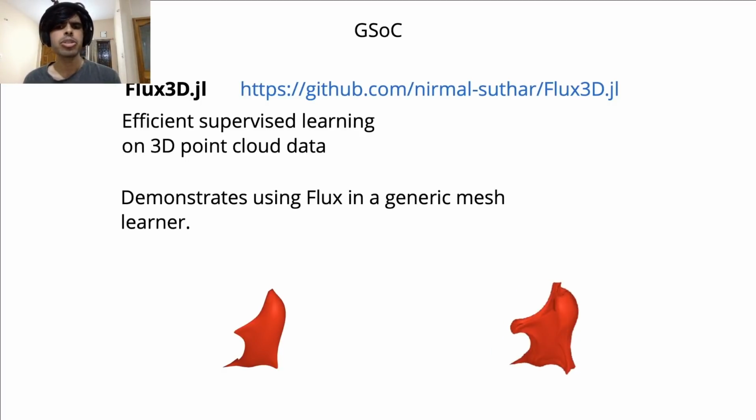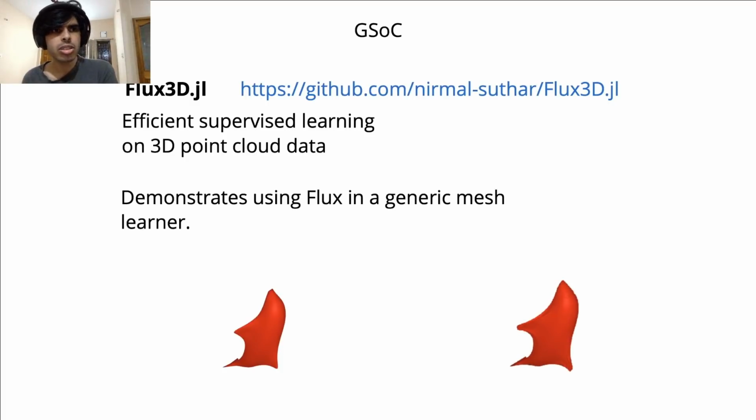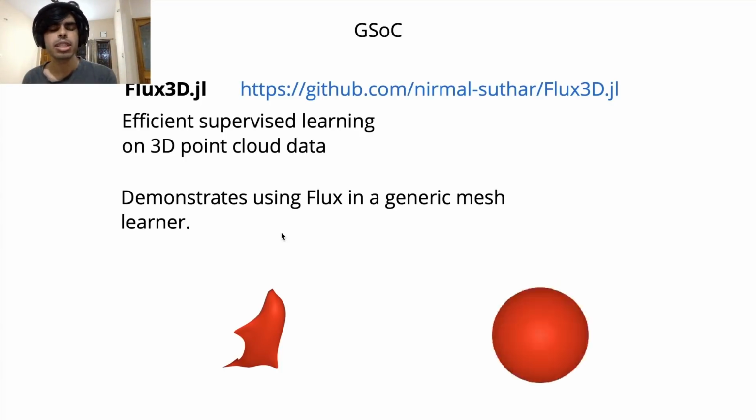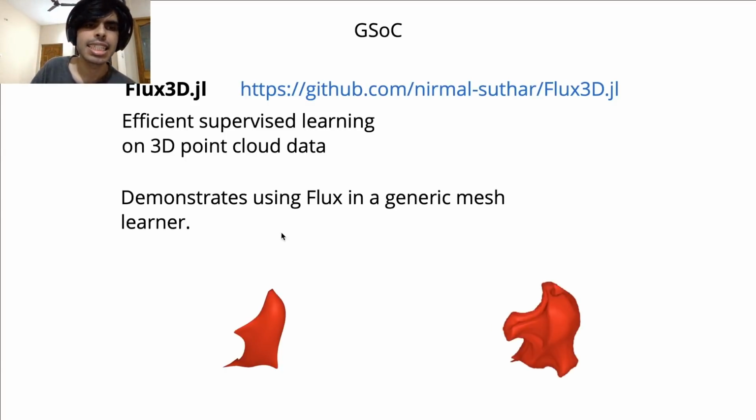This is meant to work with and manipulate different kinds of 3D meshes, point clouds, voxels, what have you. It packages together these functionalities so that we can have efficient supervised learning on 3D point cloud data. In fact, some of the benchmarking that we did earlier showed that it can outperform state-of-the-art tooling for the same work like Kaolin by about 3x, which is really exciting as well.